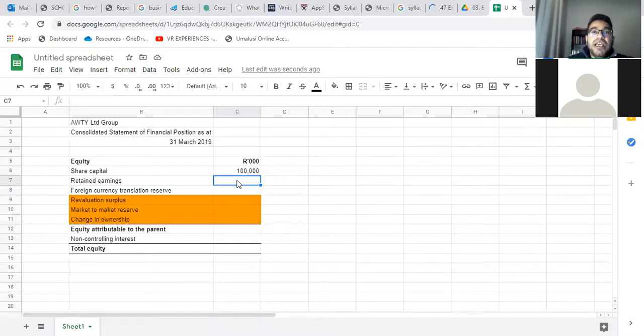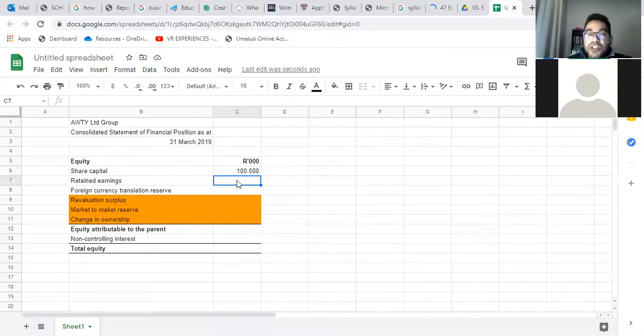It represents 100% of the parent's retained earnings plus the parent's portion of the subsidiary's retained earnings. In this case, only the subsidiary's retained earnings. It could have been an associate and so forth. So remember, the retained earnings only represents the parent's portion.